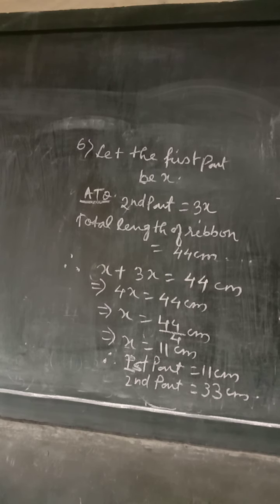Question number 7 says divide 360 gram of burfi into two parts such that one part is 50 gram more than the other part.